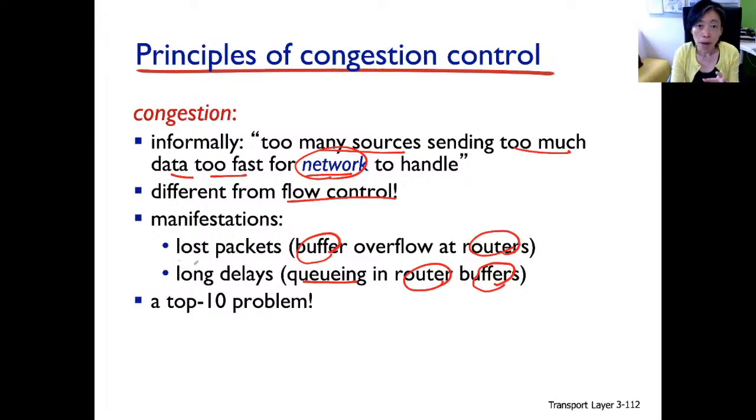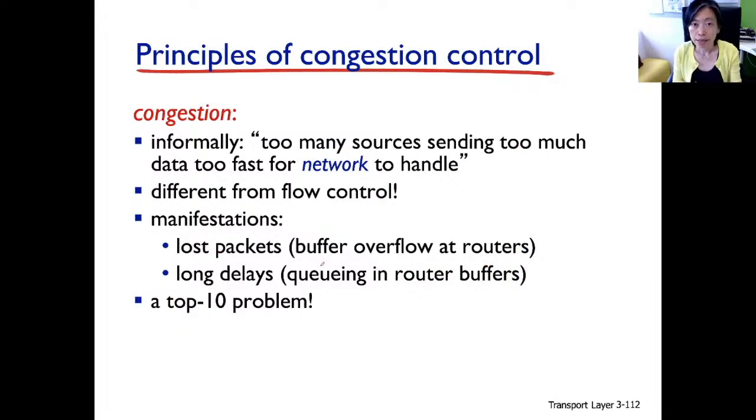So what's bad about having congestion is this. We see packet loss when the buffer overflows, or long delays when there are lots of packets waiting to be served. Congestion is one of the top problems in computer networks, just like reliable data transfer, and probably a little bit more serious than reliable data transfer these days.